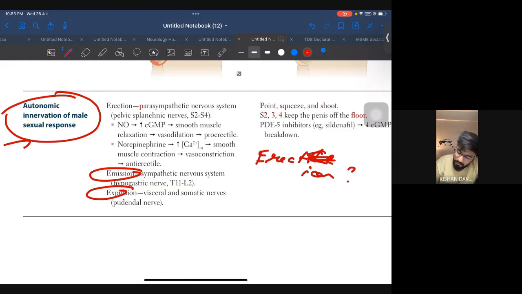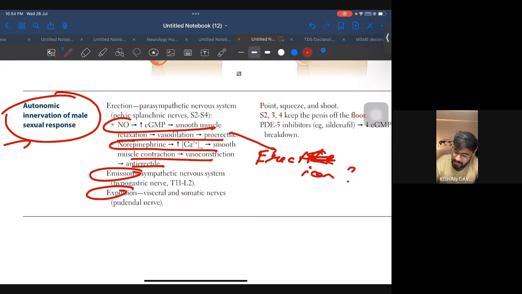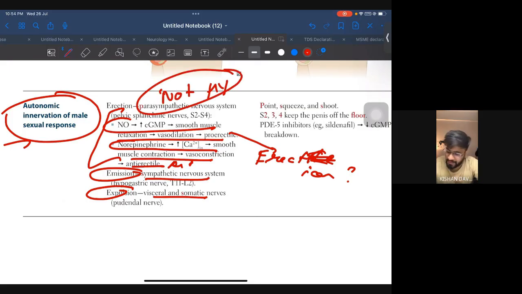Okay, so this one is responsible for erection, whereas norepinephrine causes constriction and is anti-erectile. So you just look at this once. Emission is by the sympathetic nervous system, expulsion is by the visceral and somatic nervous system. So these are small points. These are not high yield, but give it a read.